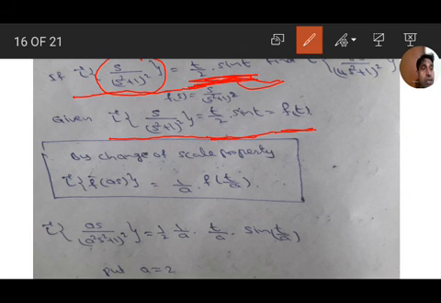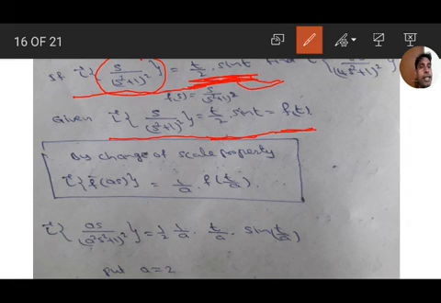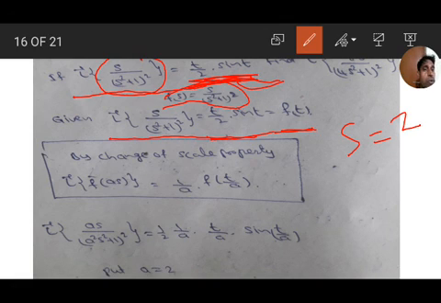If you observe the question, it is 8s by 4s square plus 1 whole square. In f bar s, what should we substitute to get 4s square? In the place of s, we have to substitute 2s. f bar s equals s by s square plus 1 whole square.